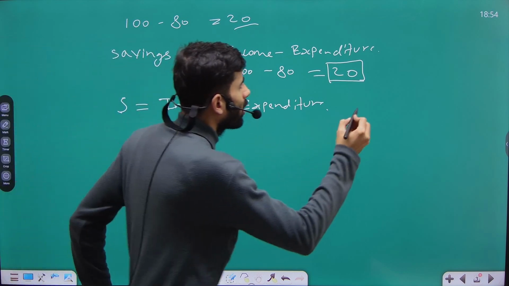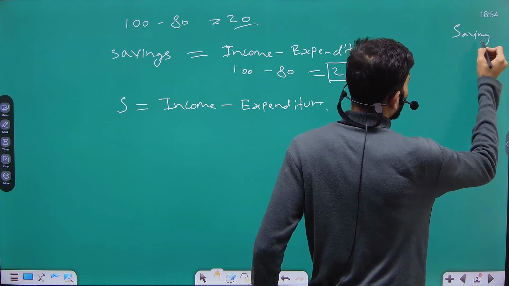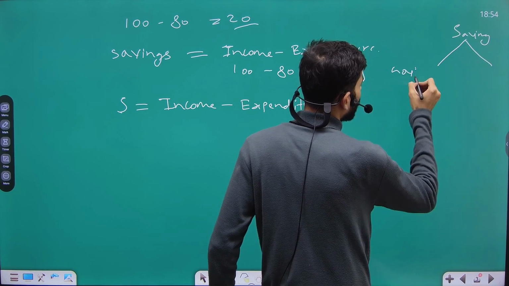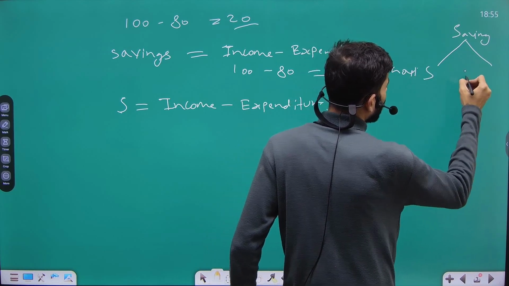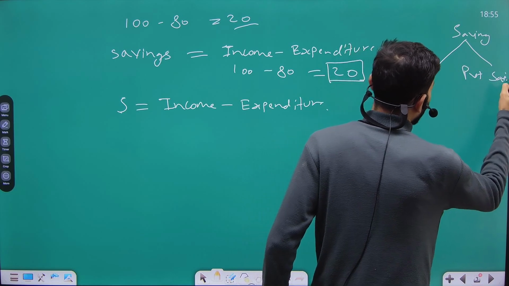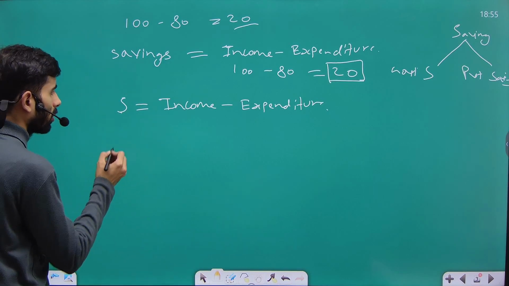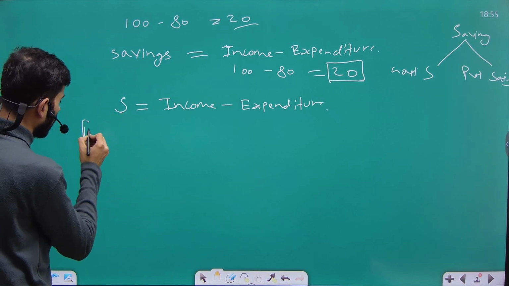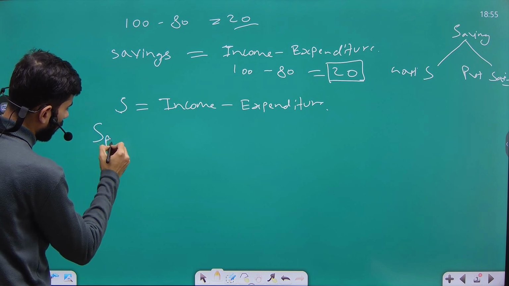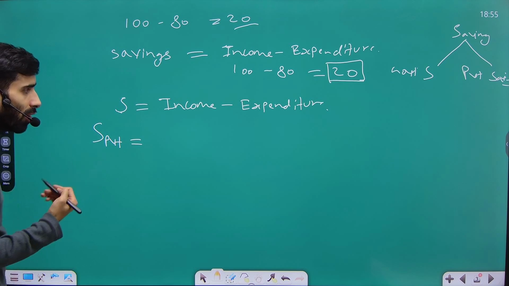Now this particular saving, just like income, has two components, government saving and private saving. Suppose we want to calculate private saving, what we have to do?